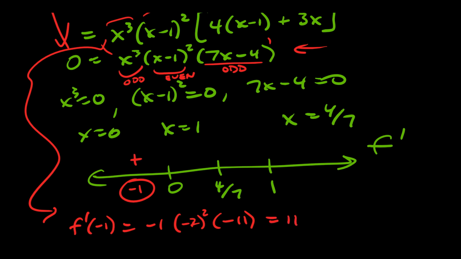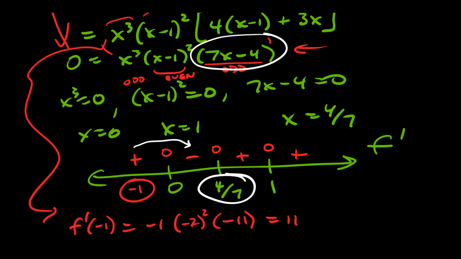So it's going to be positive here, around 0. That's where it was odd. So this is negative between 0 and 4/7, then it's positive. And after 1, it is going to be positive again. Since 0 came from the factor where the degree was odd, the sign will change from here to here. 4/7 came from this one here, and the degree was odd, so I know it's going to change sign from here to here.